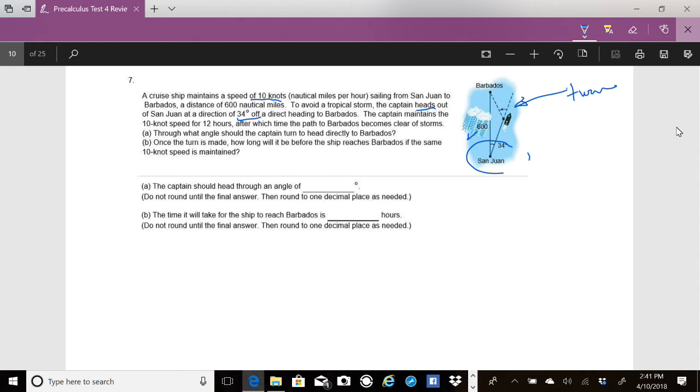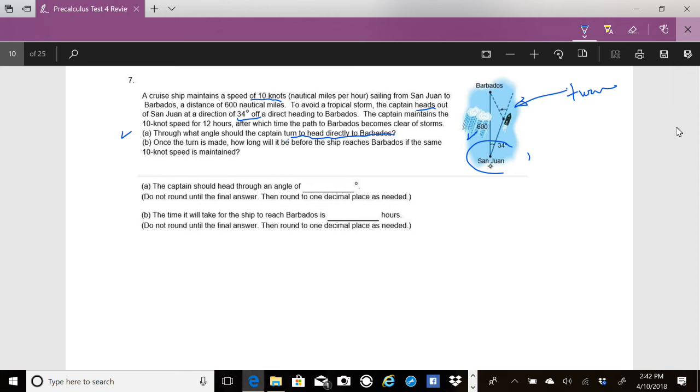So we want to find out through which angle should the captain turn to head directly to Barbados. And once the turn is made, how long will it take the ship to reach Barbados if the same 10-knot speed is maintained? So let's do some things here.